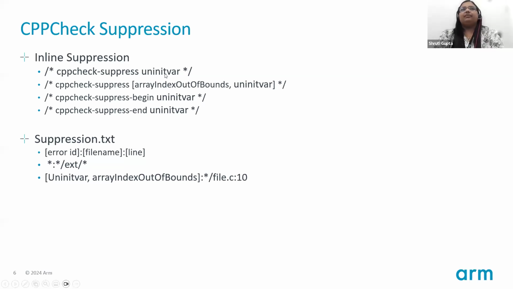This is the CPPcheck rule, and if there is more than one rule you would like to suppress, you can add multiple rules. And if there's a block of code you would like to suppress, you can add something like a begin and end tag. There is also a suppression text file at the root directory.